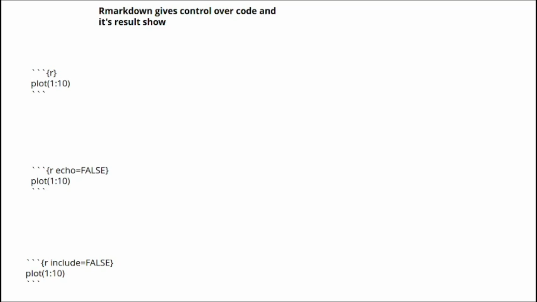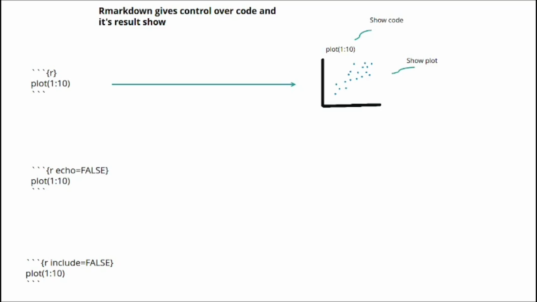Whenever you run the first command, it shows the code and shows the plot, and when you run the second command, it hides the code and only shows the plot. This is very useful for a programmer who wants to share some plots with the stakeholder, because showing code makes no sense as it is not understood by the stakeholder.